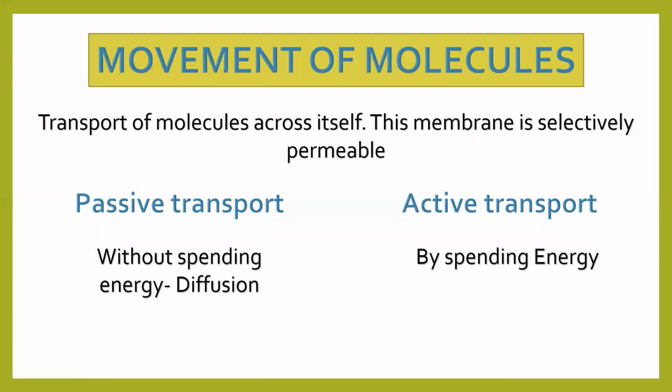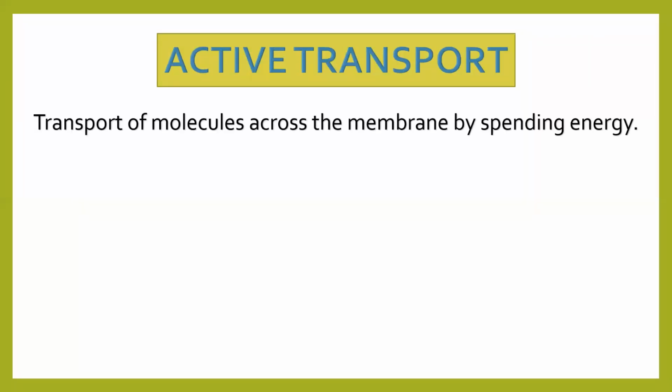First, we will understand the easiest one, that is passive transport, and then we will move on to active transport. Fair enough? Now, moving on to active transport, that is transport of molecules across the membrane by spending energy.